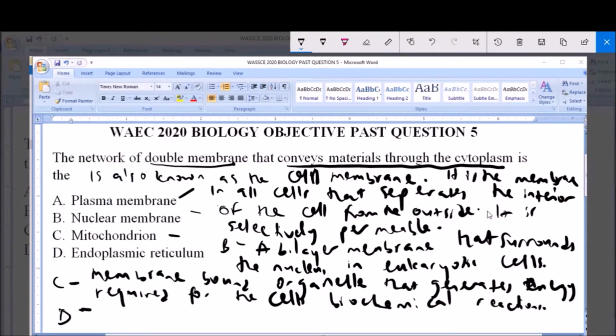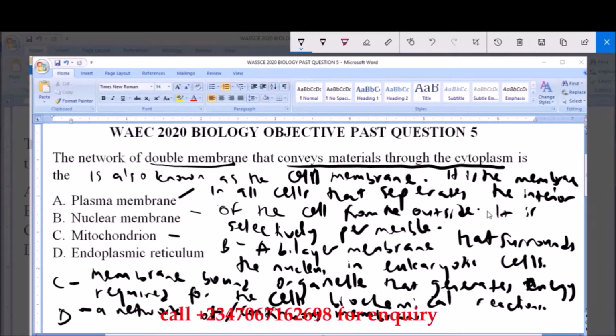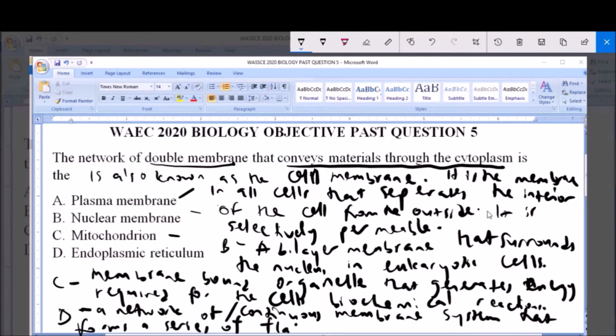And then option D, the endoplasmic reticulum, is a network of, or you can say a continuous membrane system that forms a series of flattened sacs within the cytoplasm of eukaryotic cells.